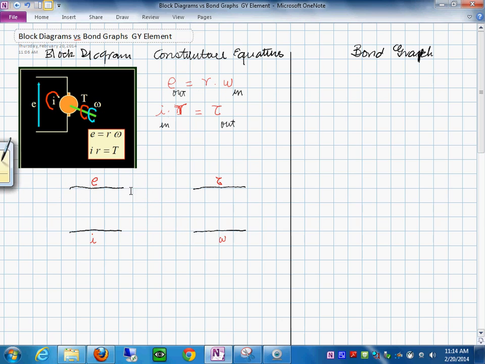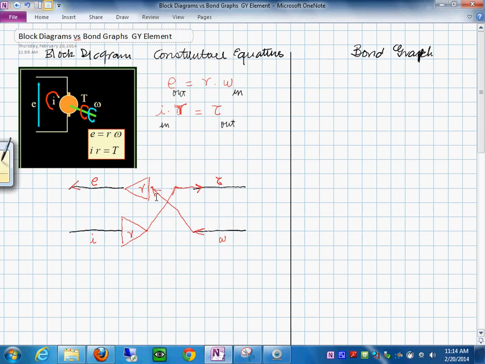It gets E as an output. So it follows that this goes in, gets a transformation like this, multiplied by R, and out comes E. And on this other side, this is the input, gets multiplied by R, and out comes the torque in this direction.